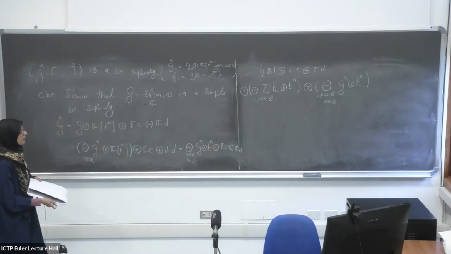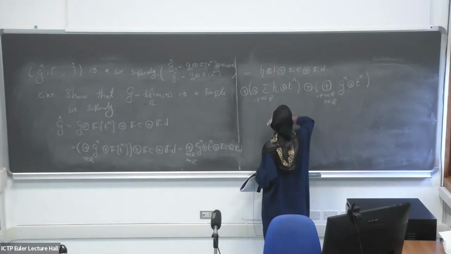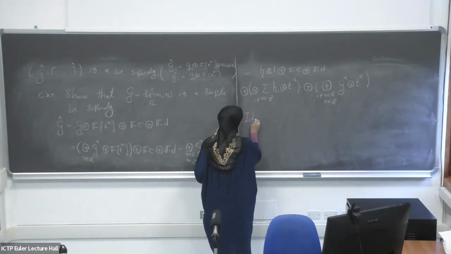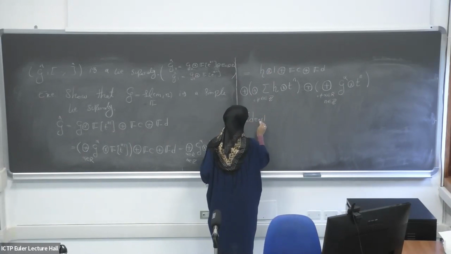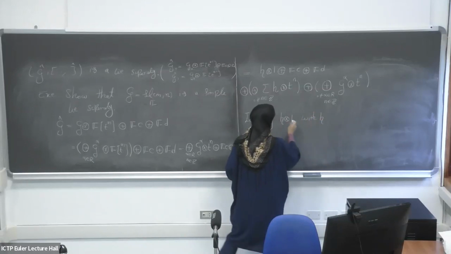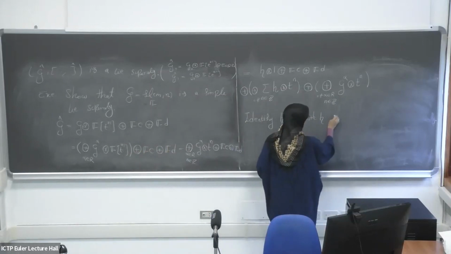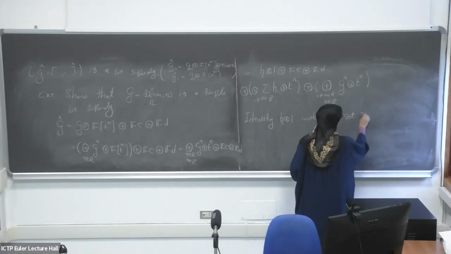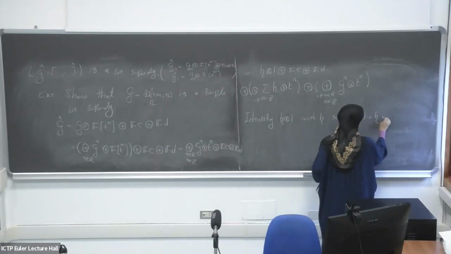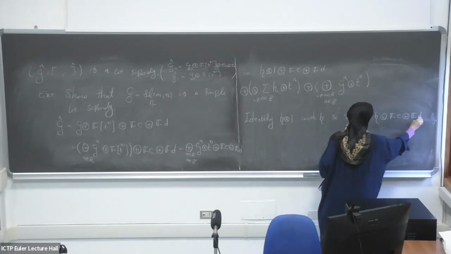Okay. And we call it H hat. We identify H tensor 1 with H. So instead of H tensor 1, I just write H, and set H hat to be H direct sum FC, direct sum FD.